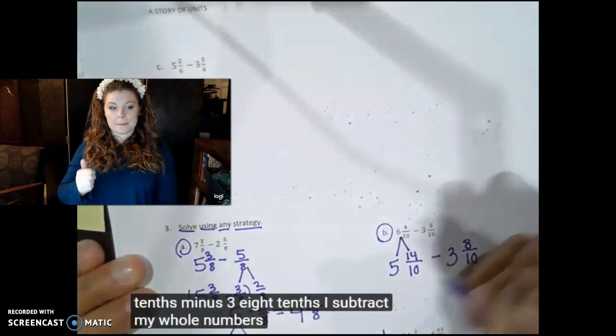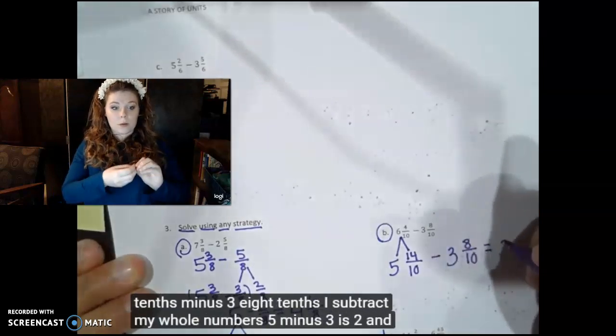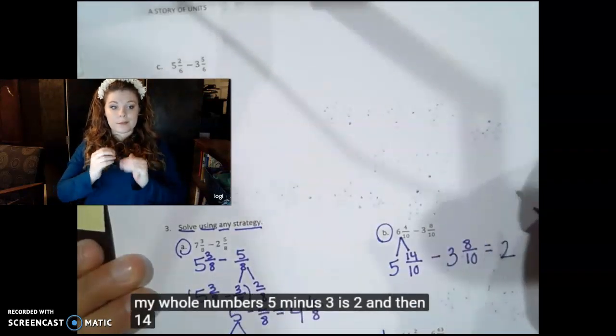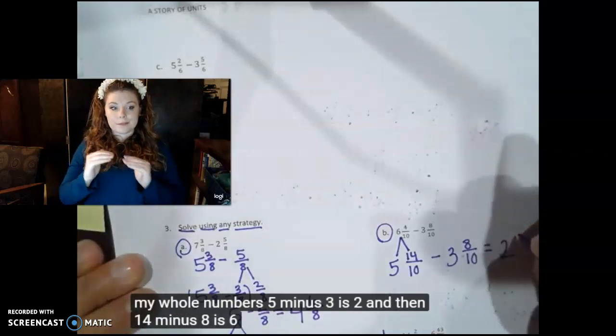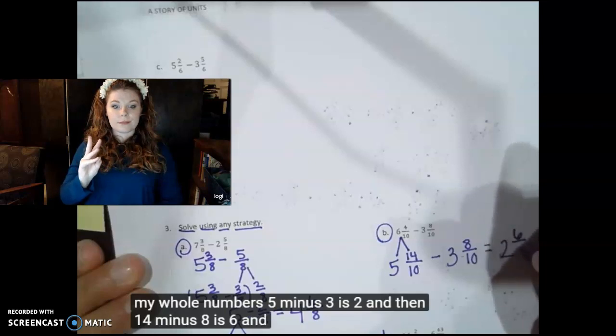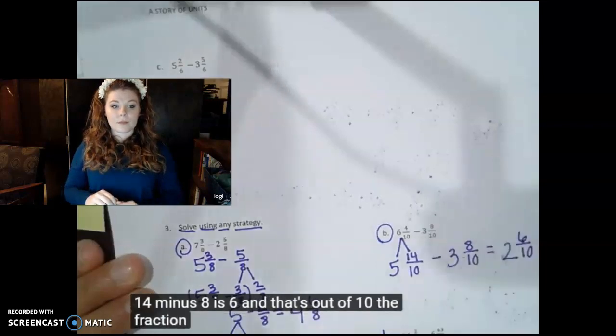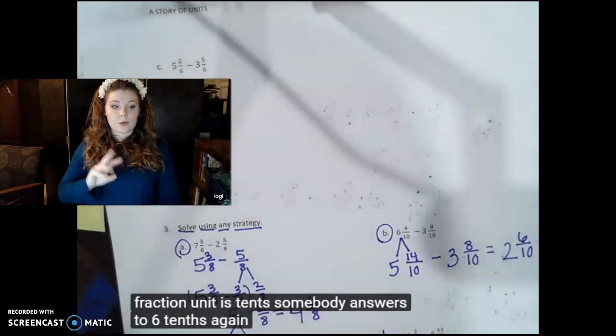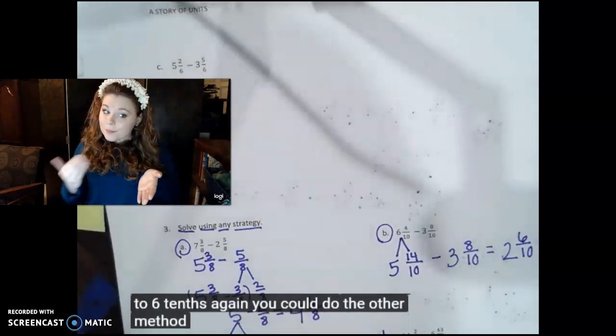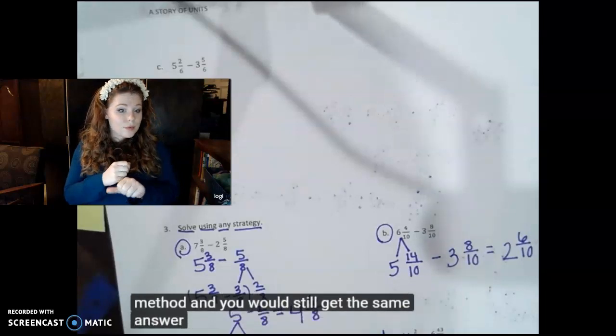I subtract my whole numbers. 5 minus 3 is 2. And then 14 minus 8 is 6. And that's out of tenths. The fraction unit is tenths, so my answer is 2 6/10. Again, you could do the other method and you would still get the same answer.